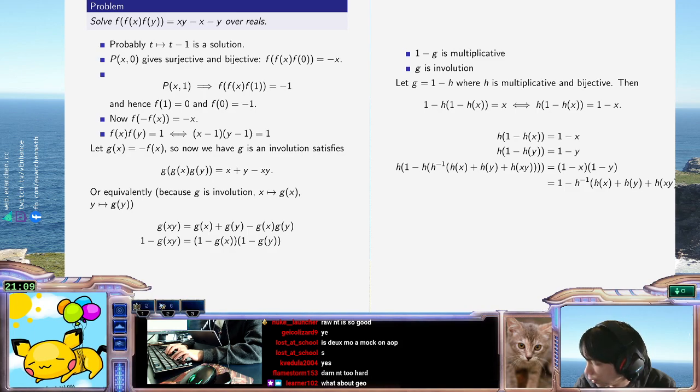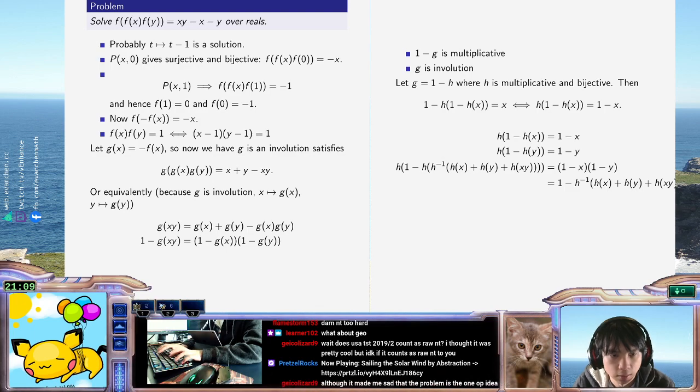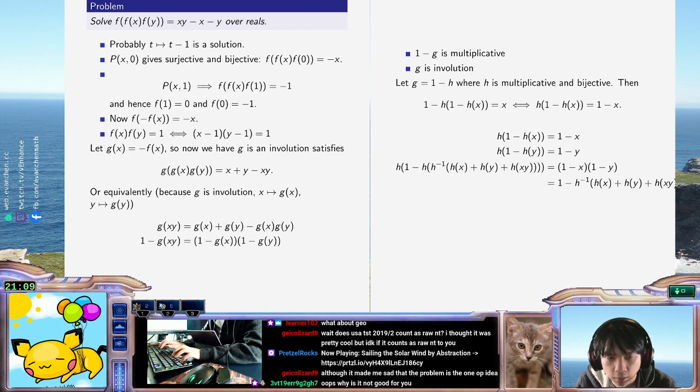This might just be the original equation, which, if so, is not good for me. Okay, I got to this.